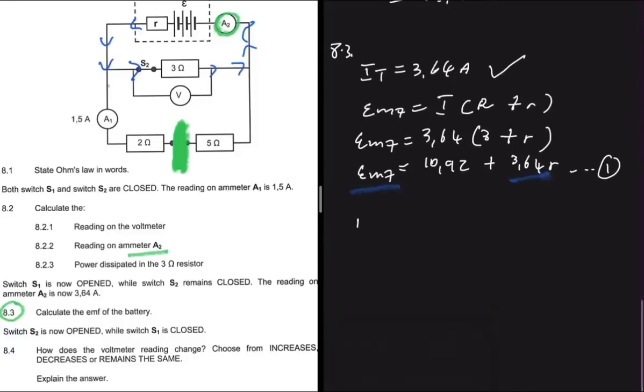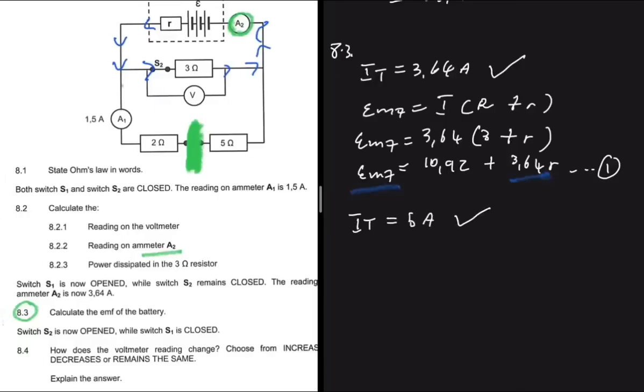But what happens when IT is equal to 5 amperes, like we had when both switch S1 and S2 are closed? Now we can use this information. We know that the corresponding current is 5 amperes. So EMF is equal to I multiplied by R plus internal resistance again.